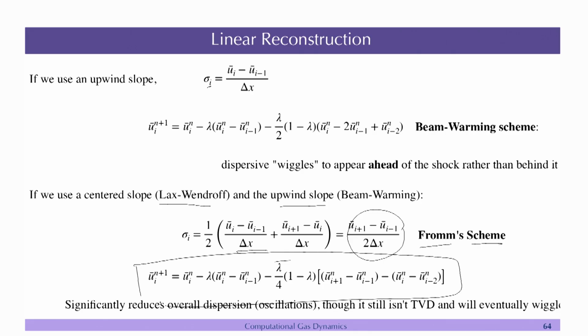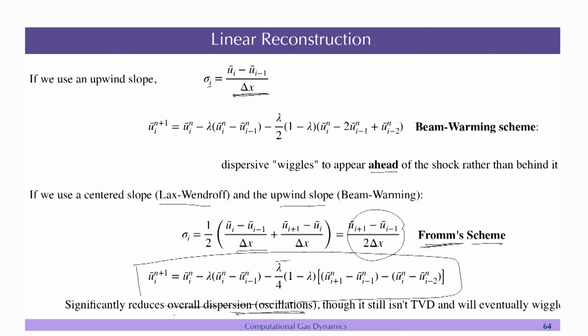Now, you see that here we are using the upwind slope. I will show you the plot where you will have wiggles which appear ahead of the shock. In the case of Lax-Wendroff, they are behind the shock. And in the case of Fromm's scheme, because we are taking the average of the two, something will be ahead, something will be behind, they will cancel out, but still if you run it for a long time, you will see that oscillations will develop and they will eventually wiggle.